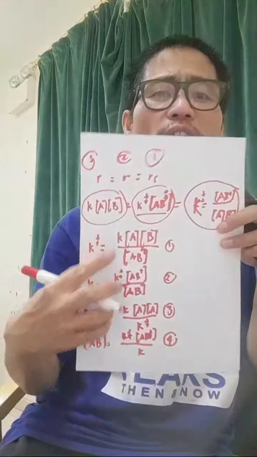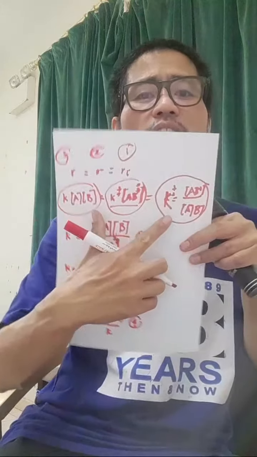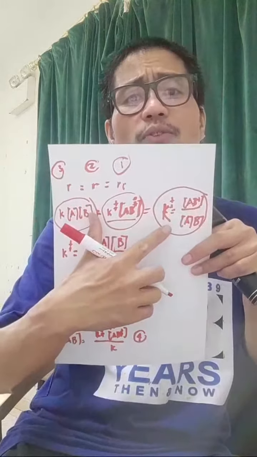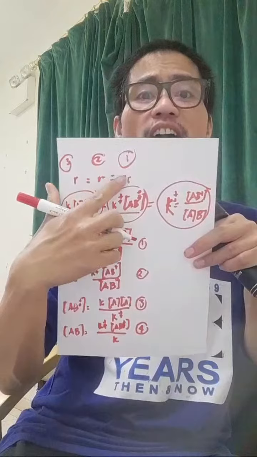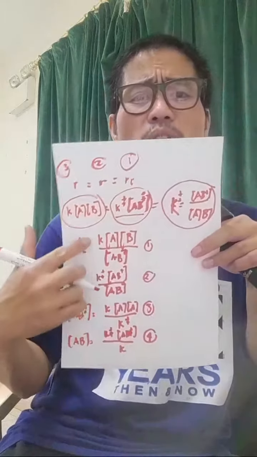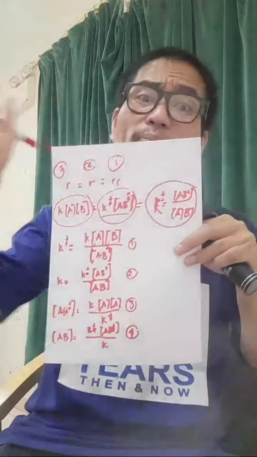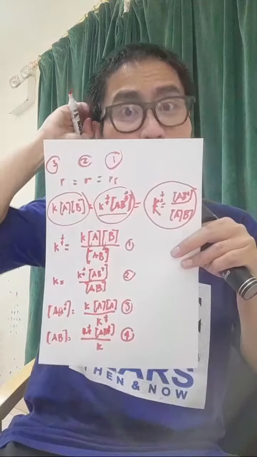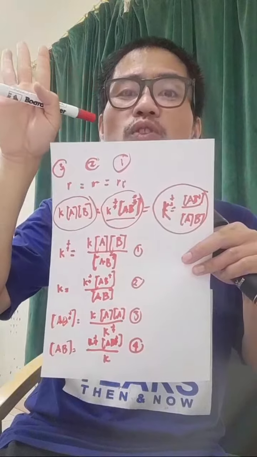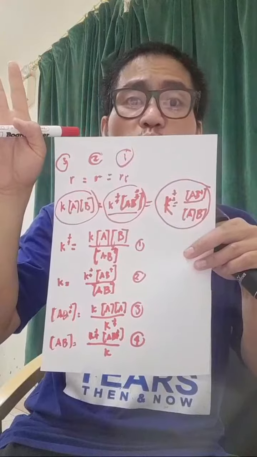Now observe, which of the 4 are very easy to substitute in the special equilibrium constant reaction? Which is the most convenient? In a way, all can be accepted, but we need to use the most easy and convenient to substitute. Let's investigate visualization.